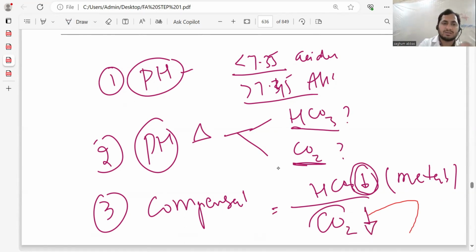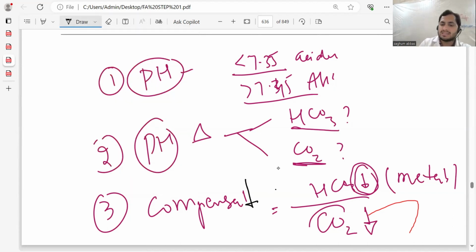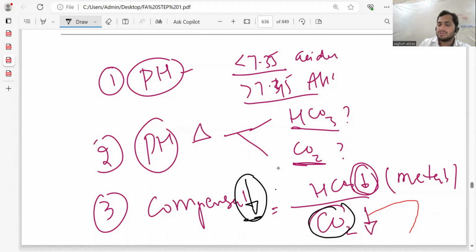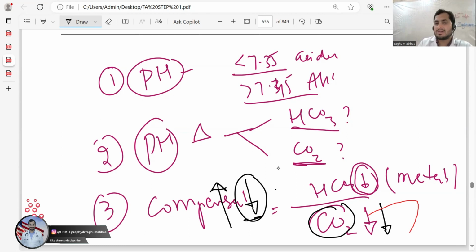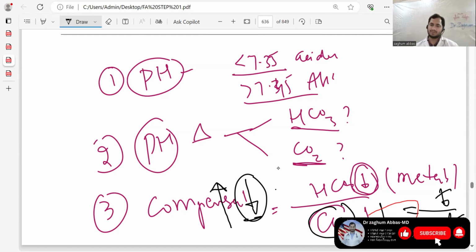When bicarbonate is decreased, pH will decrease, so you have to increase the pH. To increase the pH, you have to decrease your carbon dioxide, because when you decrease carbon dioxide, pH will move toward normal. In layman's terms, if the numerator is decreased, to balance that we have to decrease the denominator too, because then both will cancel out. That is the mathematical way.